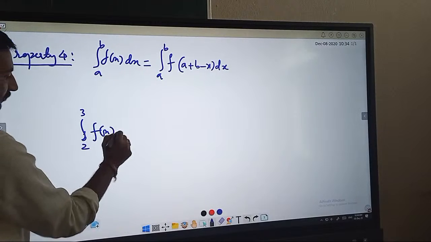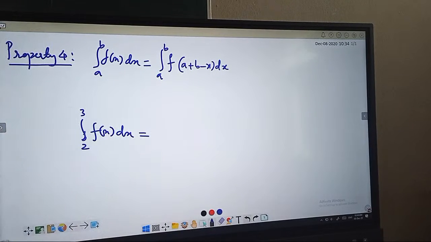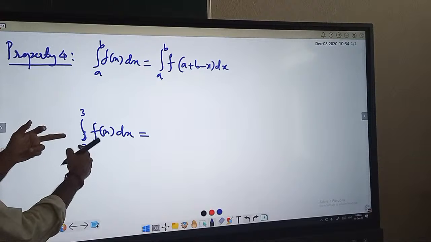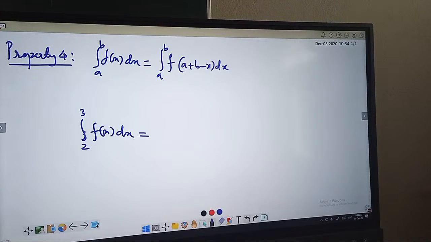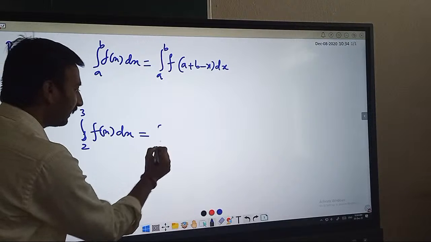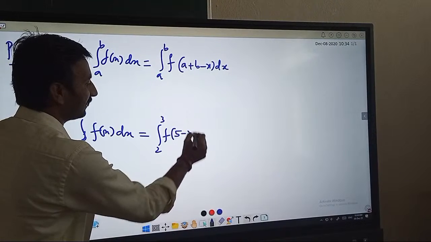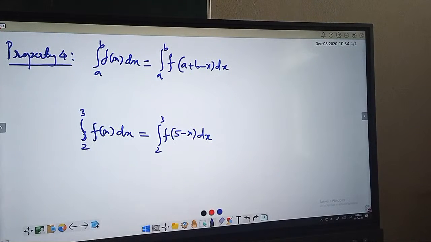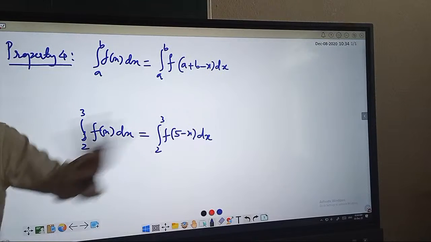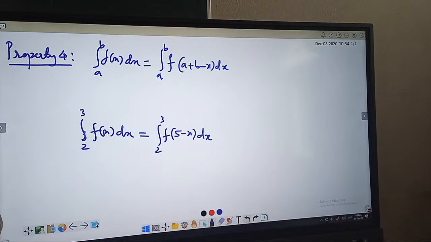Yes, now look at this. See, integration from 2 to 3 of f(x) dx is there. The rule tells us integration from 2 to 3 of f(5 minus x) dx is the same. 2 plus 3 is 5. 5 minus x dx. Then also the value of the function has no change.